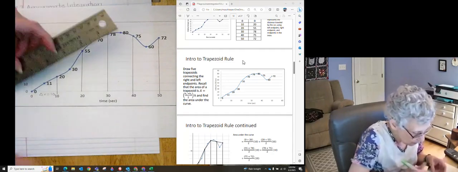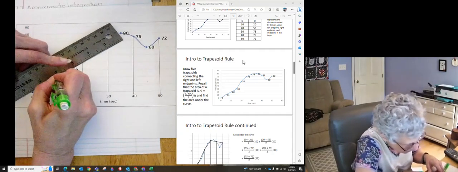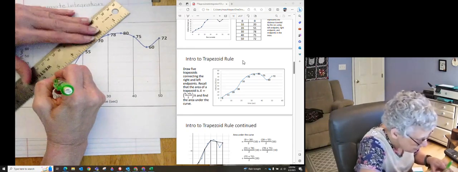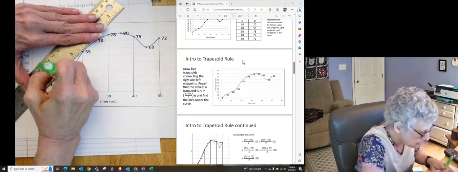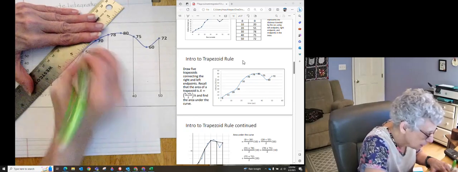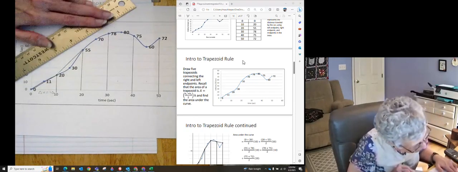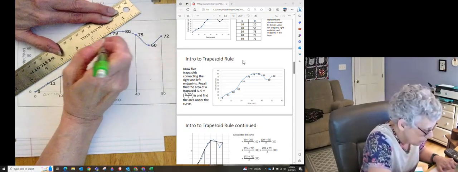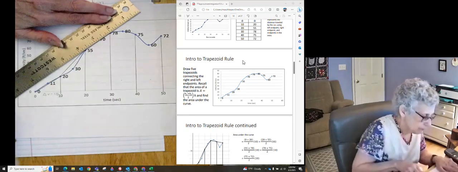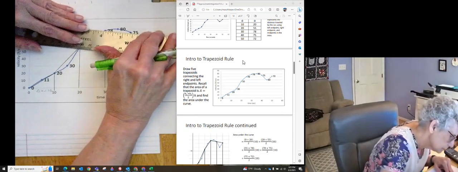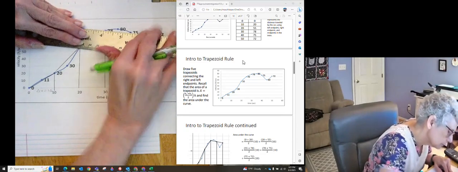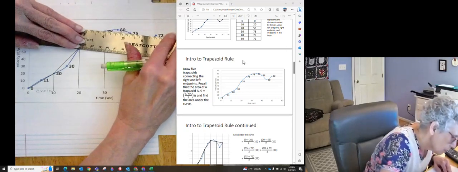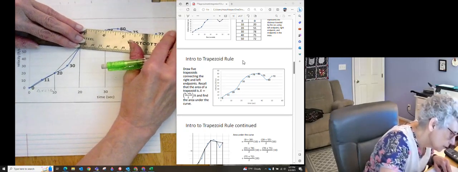And then I'm going to connect these 2 points, the left endpoint and the right endpoint of my subintervals. And yeah, I'm not a great drawer, so I have to use my ruler a lot.